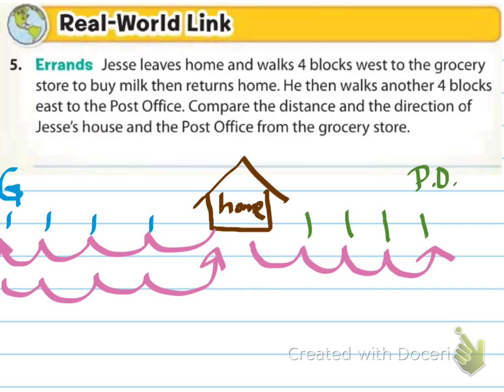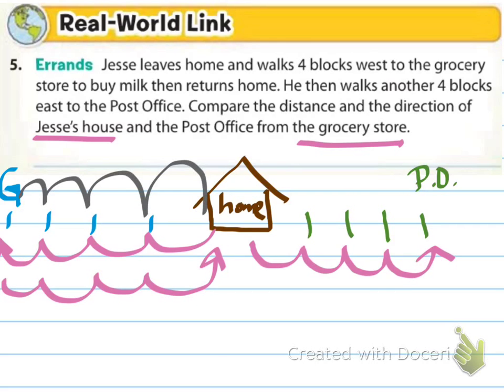Now it's saying that it wants us to compare the distance from Jesse's house to the grocery store and the post office to the grocery store. So I want to really look at that for just a second here. So we've got Jesse's house from the grocery store is the 4 blocks. 1, 2, 3, 4. Okay? So that was our 4 blocks.